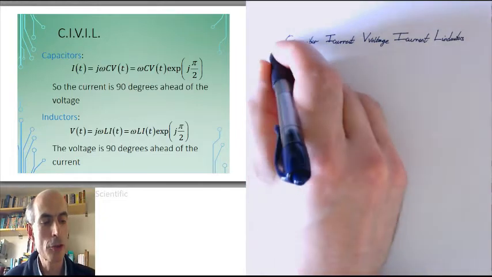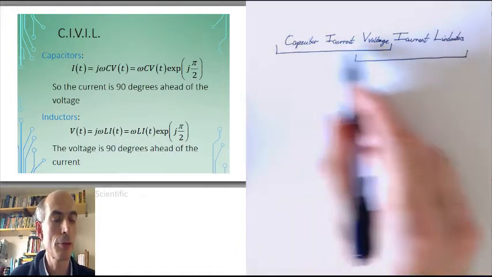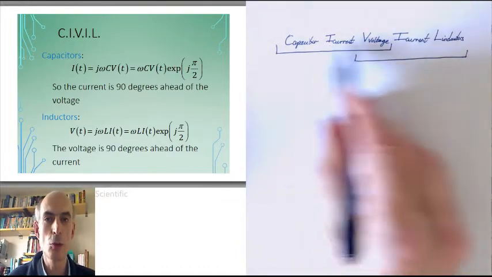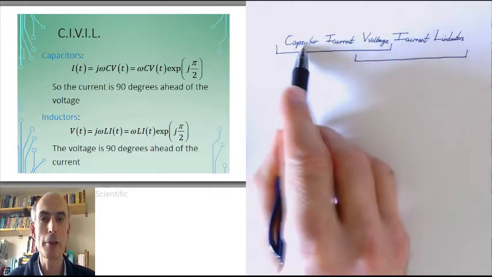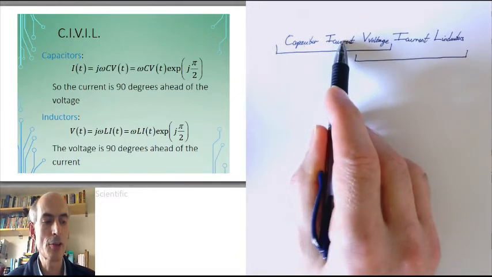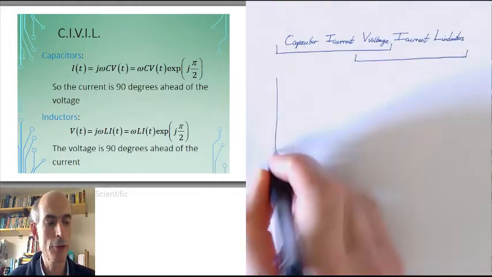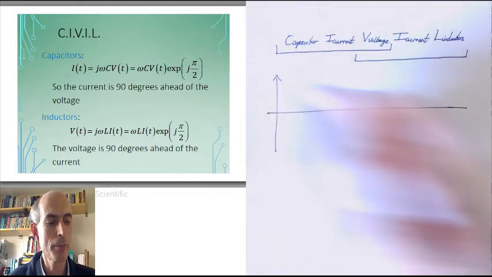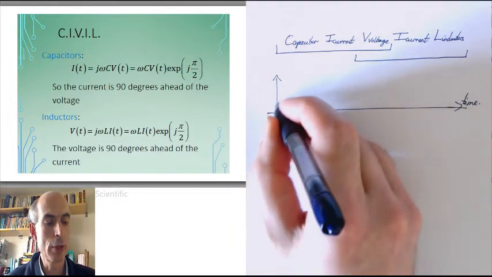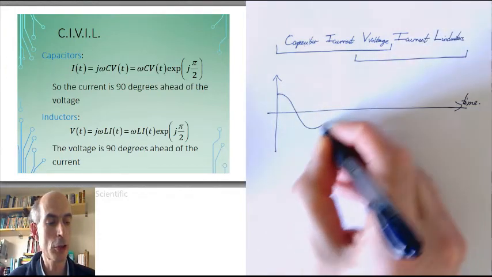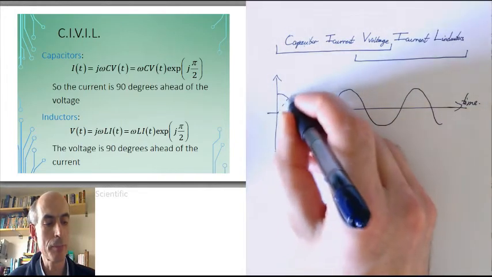The mnemonic works by listing the current and the voltage in the phase order in which they appear. The idea is that it helps you to remember that for a capacitor, the current is 90 degrees ahead of the voltage. It happens first. If we were to plot the current and the voltage across a capacitor against time, then if the current was doing this, maybe the current was a cosine wave, then the voltage would be doing this.